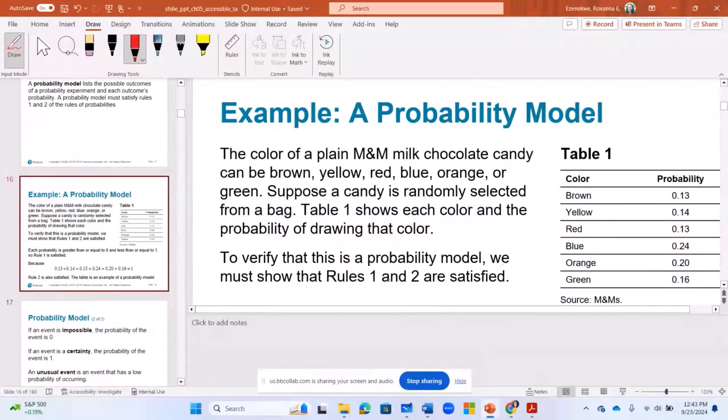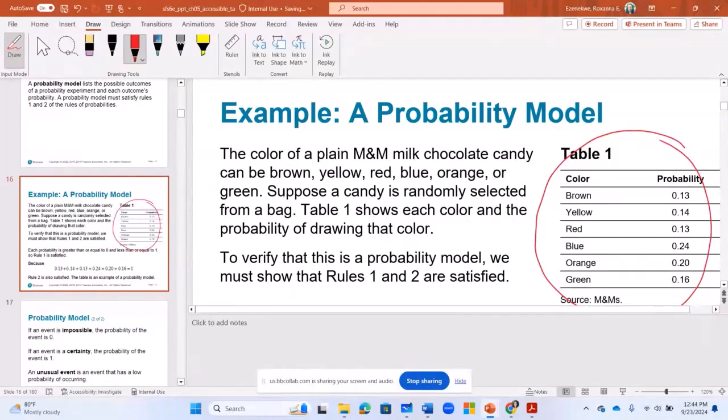If this is from one bag, and I add all the probabilities and the sum of all the probabilities of the colors is not equal to 1, then it is not a probability distribution. So I take this as a probability distribution until I add them up and they are not equal to 1.